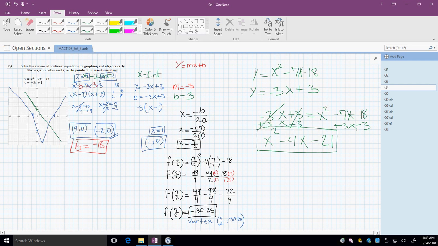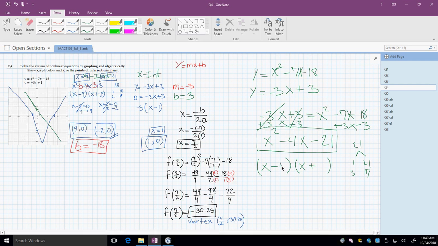Because I combined the two, if I factor this one, I'm going to find those points of intersection. So, open parentheses, x and x, the first sign negative, negative and negative give me positive, and I have 21. It will be 1 and 21, or 3 and 7. If I subtract those two, I'm going to get 4.